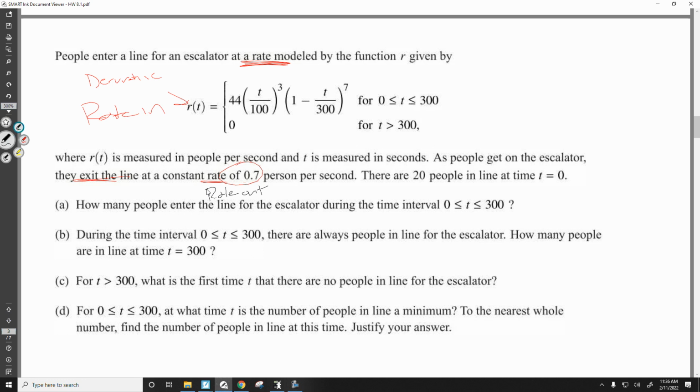That's one way to think of it. Or finding your total, like at 300, you got an initial amount. You have a total in, which is your accumulation of your rate in. You need to subtract your total out. Now you're used to an accumulation of a rate out with this being an equation. It's just a constant. It's okay.